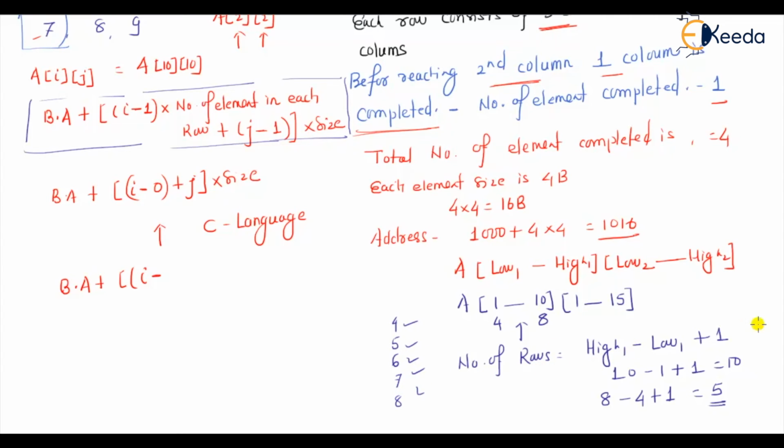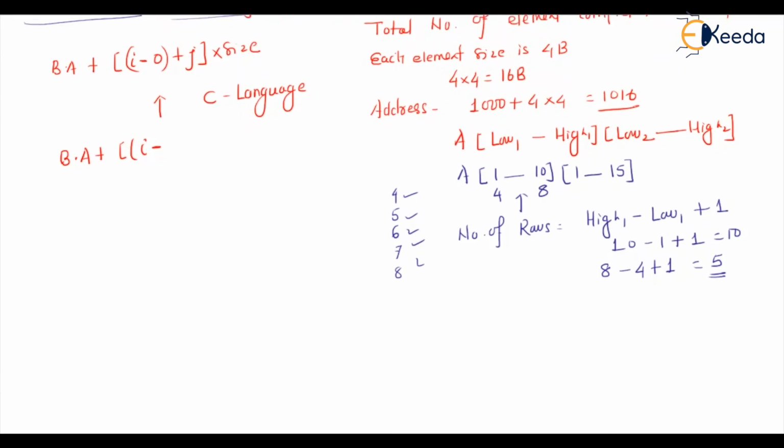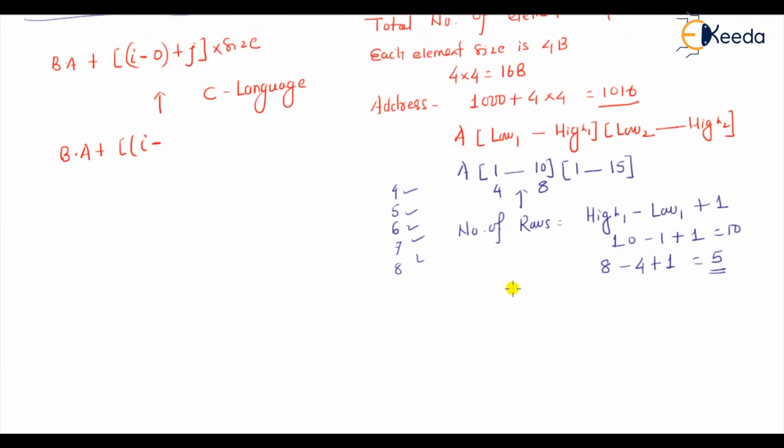So the number of rows will be represented by high 1 minus low 1 plus 1, and similarly the number of columns will also be represented by high 2 minus low 2 plus 1. So this is the generalization for any bound, any value of low and high I can write here.